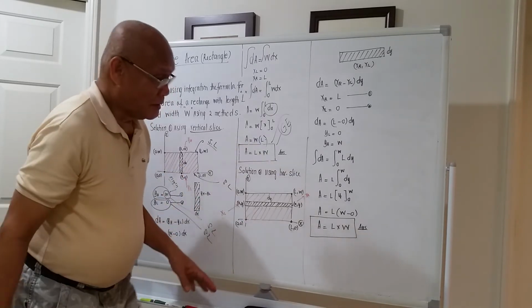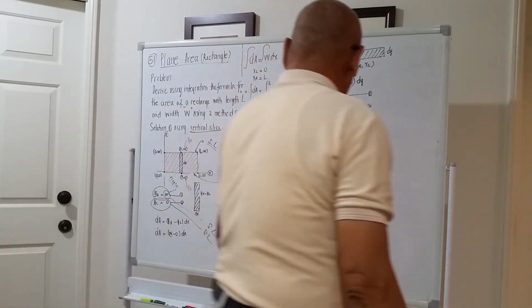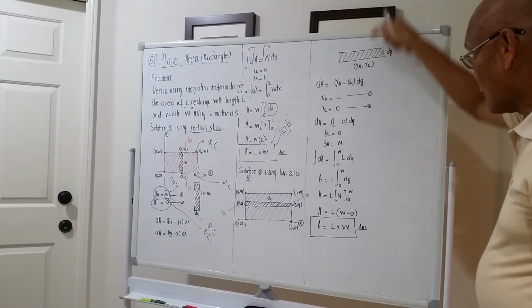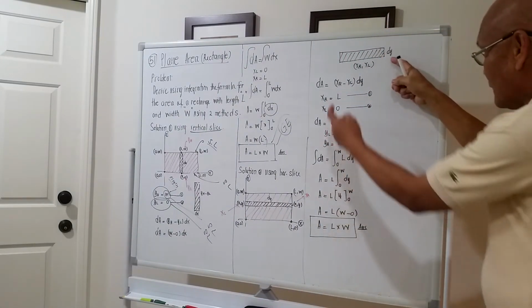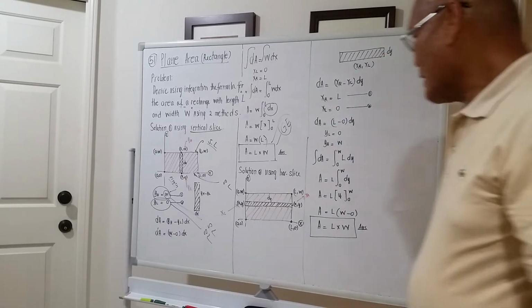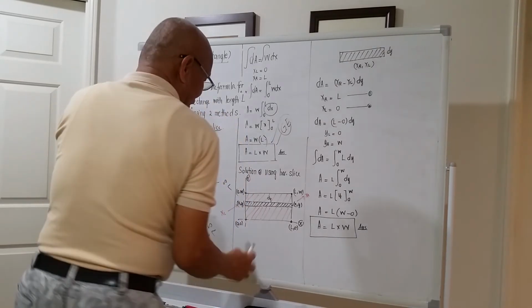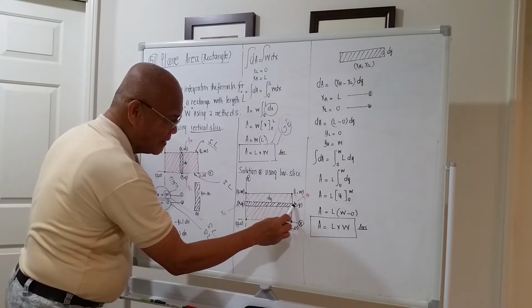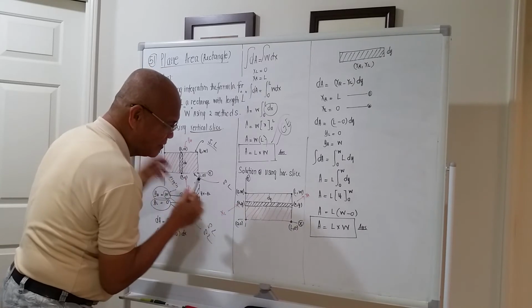So if we bring out the horizontal slice, the thickness will be dy, it is along the y-axis, right? And the length will be xr minus xl. The length of the horizontal slice will be the x here minus the x here.